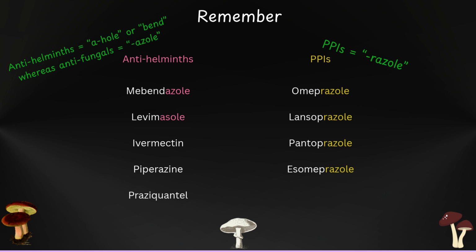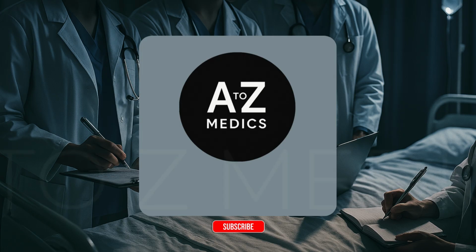With the exception of mebendazole, again, it's got the bend, and levamisole, but you'll learn about that in the antihelminths lecture, which I've done, as to how to remember that and how it works. Whereas your PPIs, you've got your omeprazole, lansoprazole, pantoprazole, and esomeprazole. These guys are razoles as compared to azoles for the antifungals.